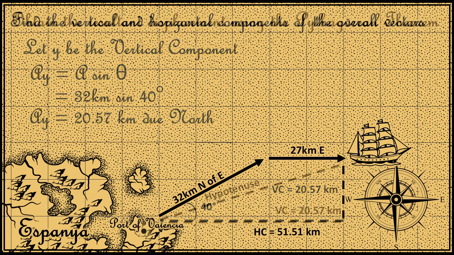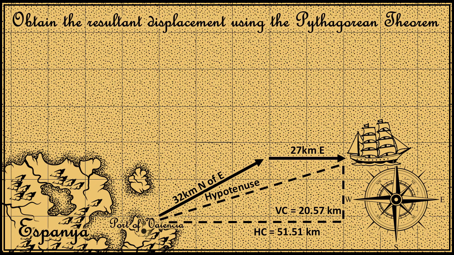After identifying the vertical and horizontal components, wherein our components are already perpendicular and in a 90-degree angle, we can now look for the resultant displacement or the hypotenuse by applying the Pythagorean theorem.